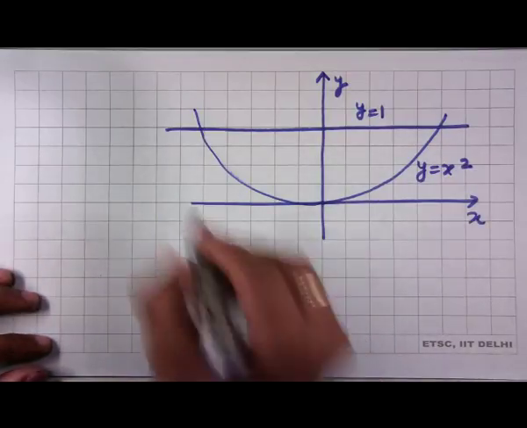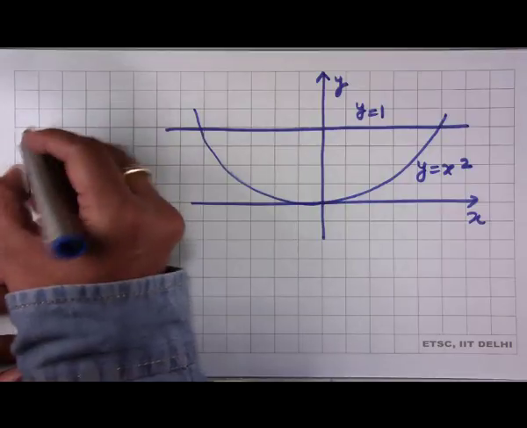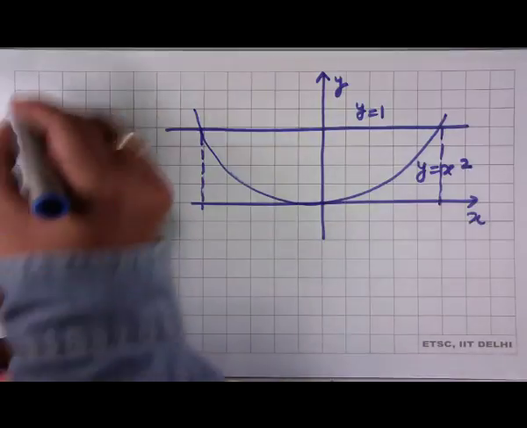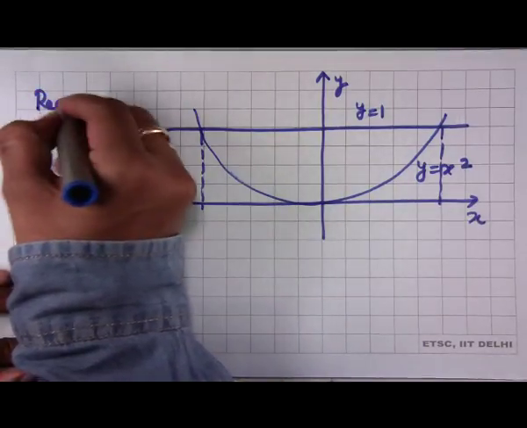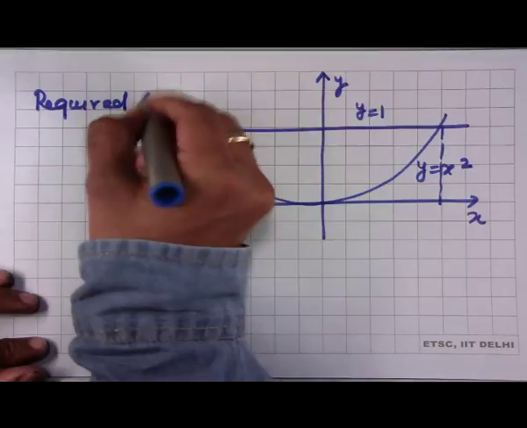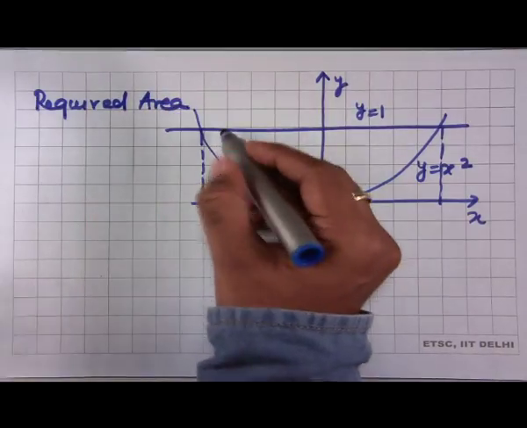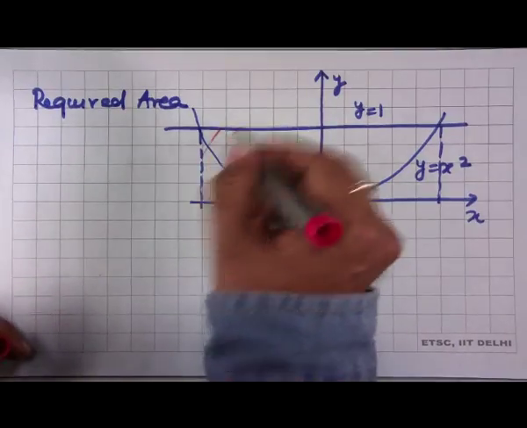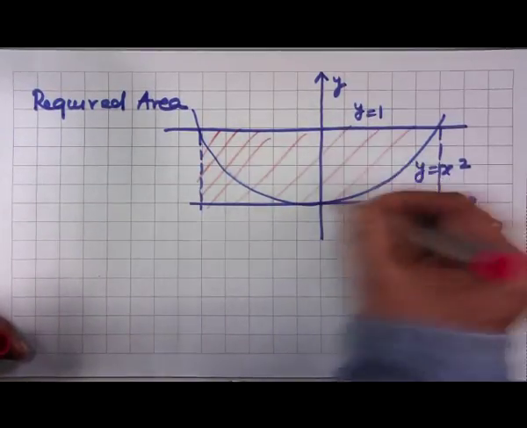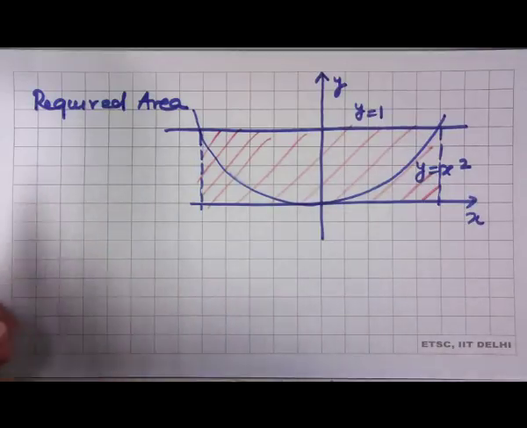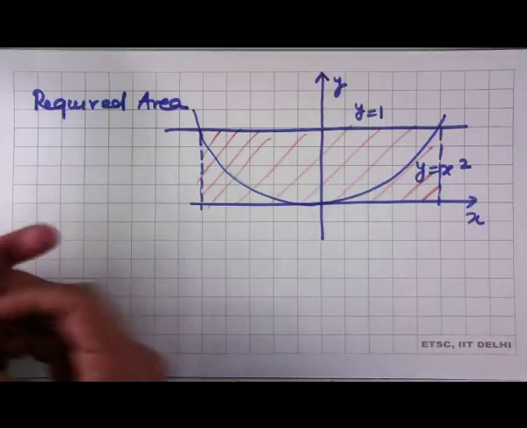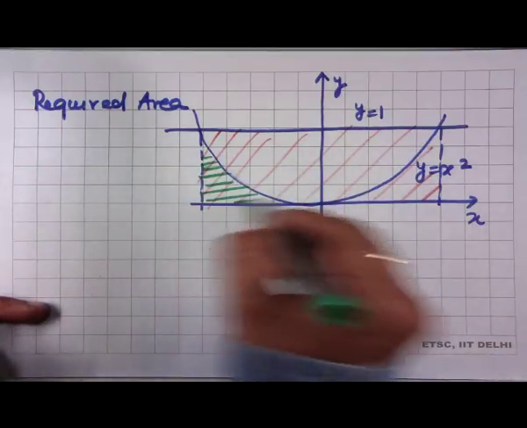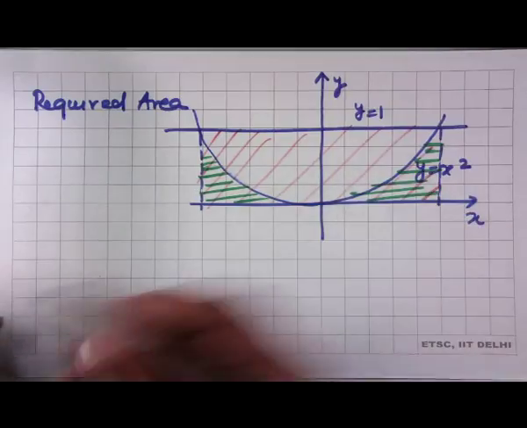What we can do is, the required area is the area shaded by red color minus the area shaded by green color.